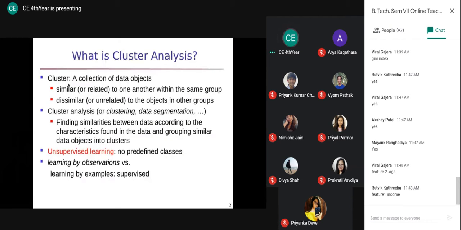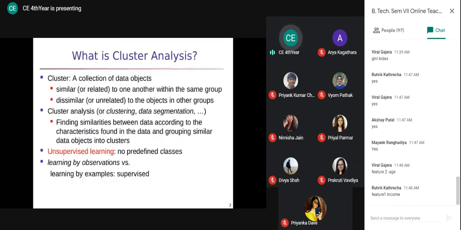All the objects which belong to a particular group are similar, or related to one another within the group, and they should be unrelated, or dissimilar, to the examples which belong to the other group.